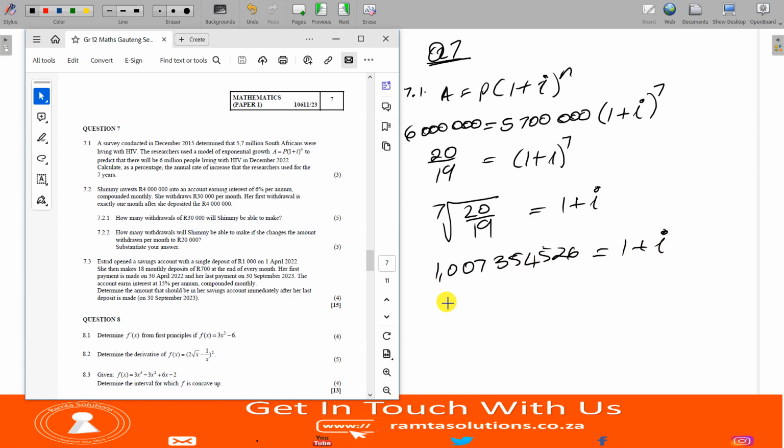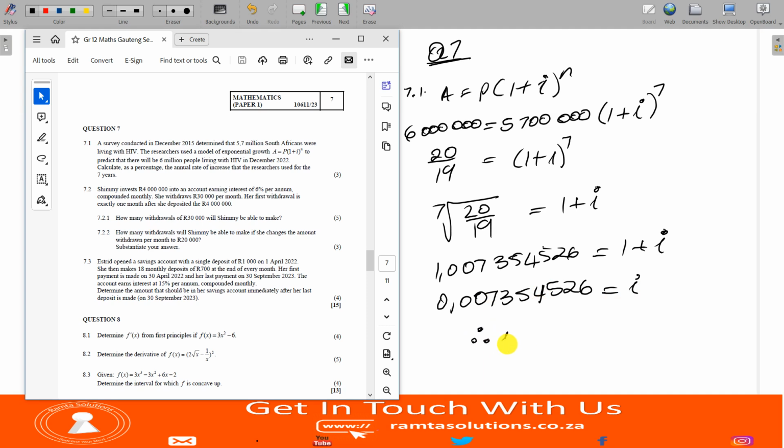So this tells us we have 0.00735426 equals i. Remember, 1.blah blah minus 1 will be 0.0073 and so on. Therefore, multiply this by 100. When you multiply this by 100, you get 0.74%.